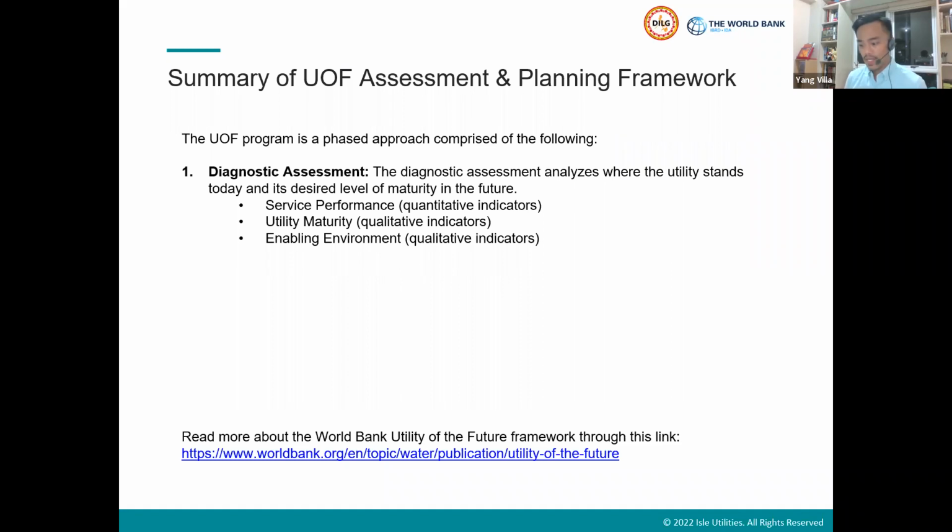Rather, we also take a look at the qualitative indicators, what we call maturity levels or maturity characteristics of the utility. The reason being that many of the quantitative indicators that we measure the performance of utilities are lagging indicators, whereas qualitative characteristics are leading.